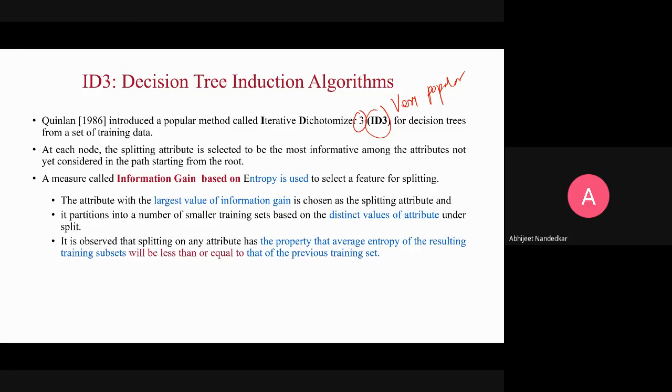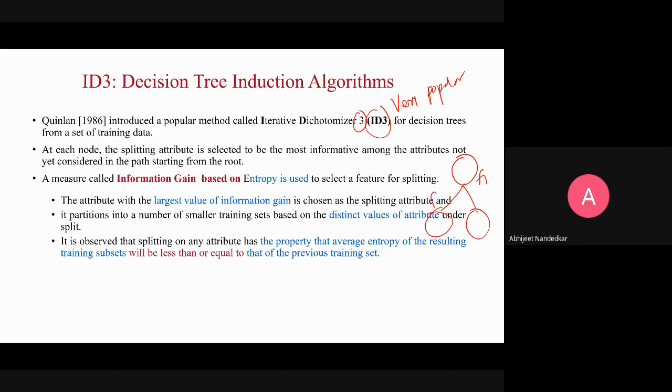So what we do is we start with the root node, and we choose a feature which is most informative. Every time we split the table, we choose the most informative feature for splitting. I created this root node and then choose the most informative feature, suppose F1, and break the table into two children.